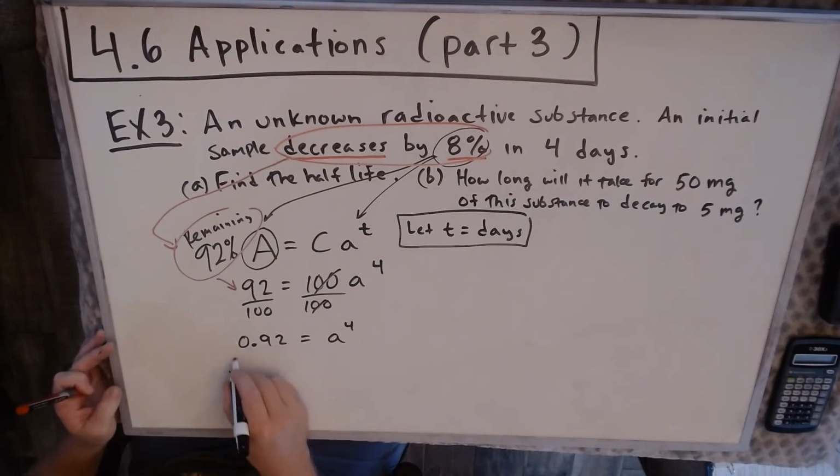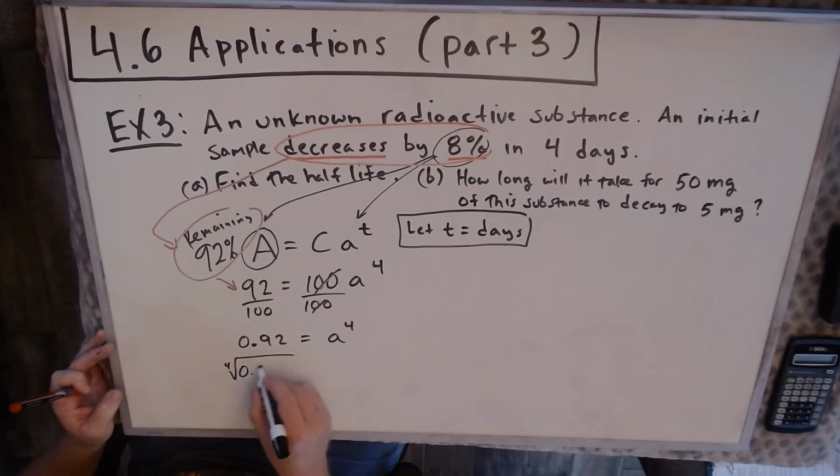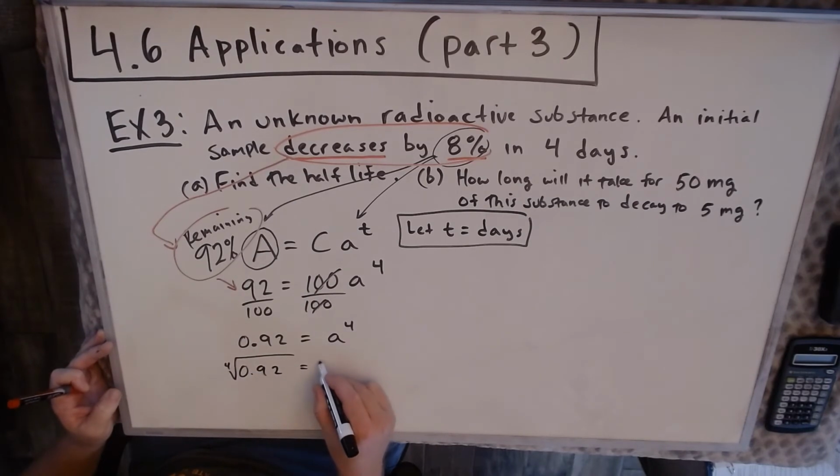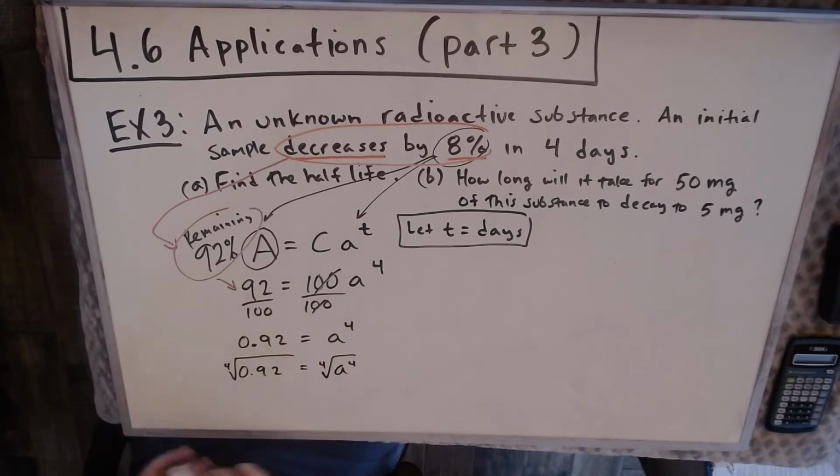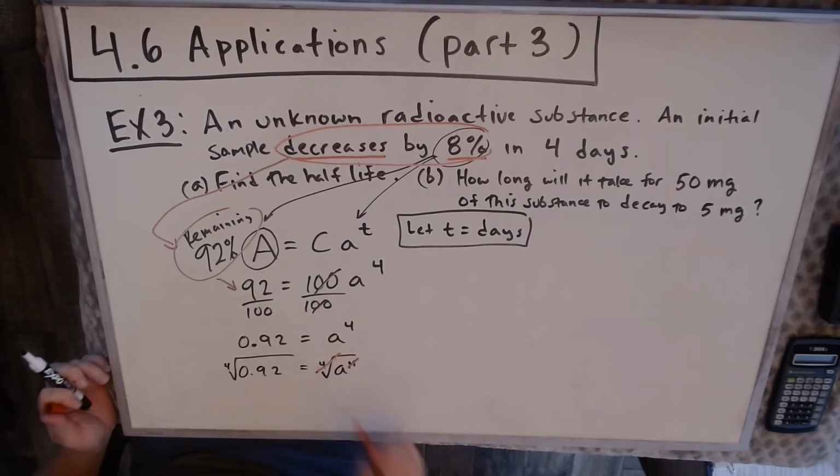Now we could take the 4th root of both sides, and that will give us our A. I know I don't really have to show this step, but I'm doing it anyway.